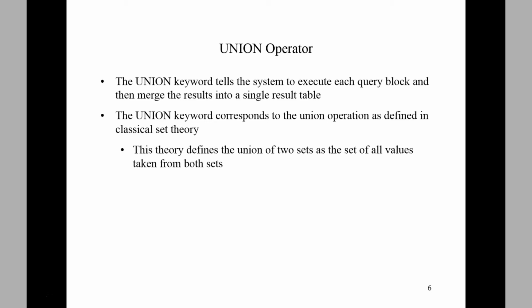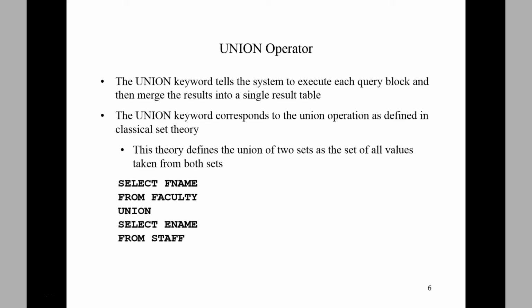We would have one query block union another query block. Here we're selecting the names of faculty and merging that with the names that we select from the staff table. This would give us a list of all of our employees.